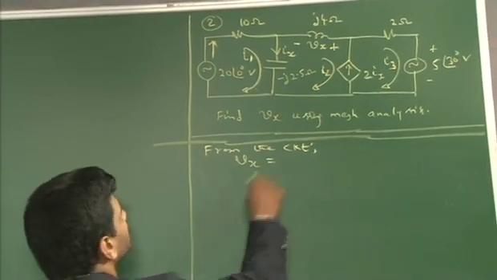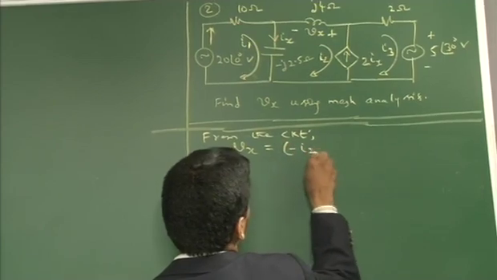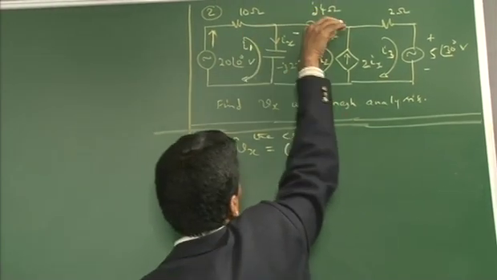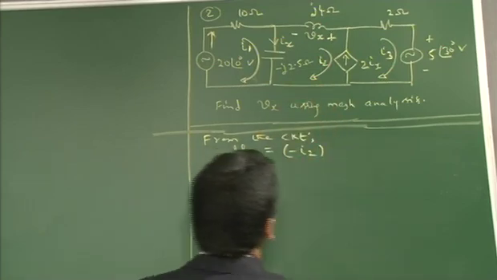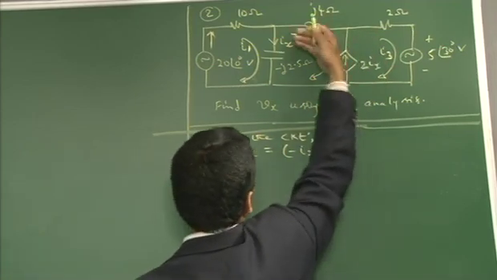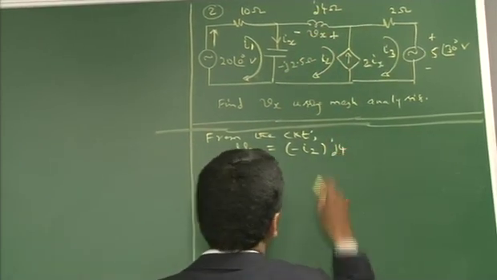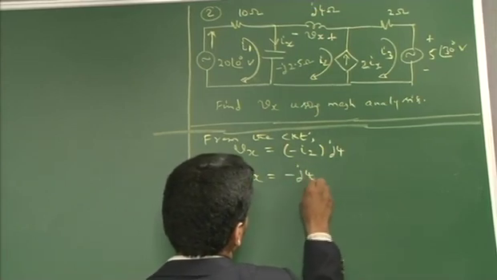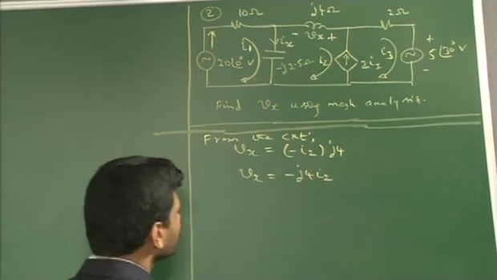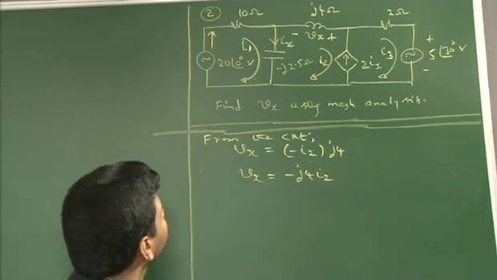So, Vx is equal to that current which enters the positive polarity, minus I2 rather, because I2 flows in this direction. So, minus I2 flows opposite to I2, into the impedance J4. So, Vx is ultimately minus J4 I2. This simply means that if we find I2, it is as good as finding Vx.